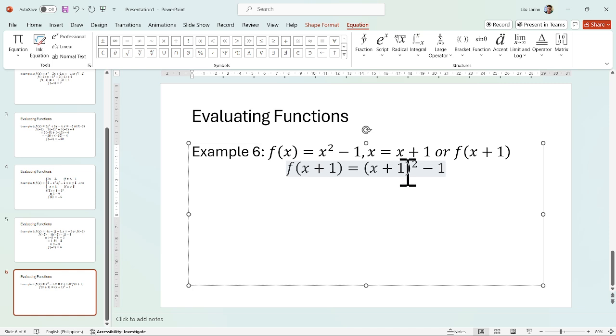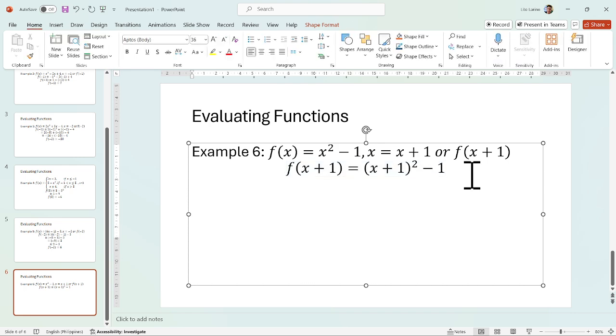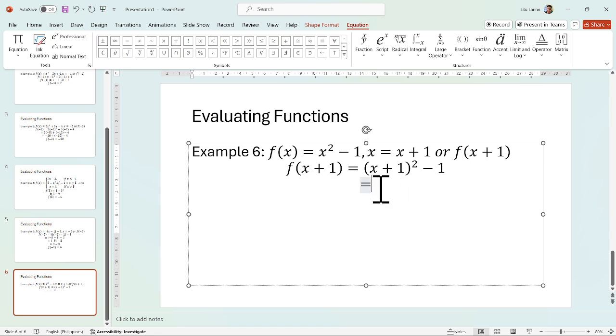We expand the square of x plus 1, and we have the square of a binomial. To square a binomial, we square first the first term. x times x is x squared.